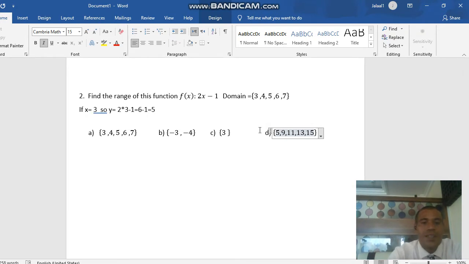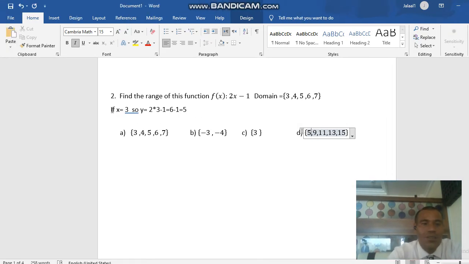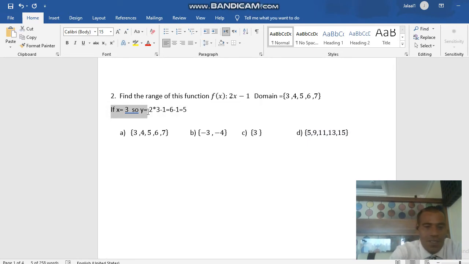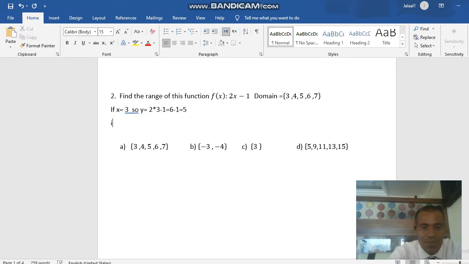Then if x is equal to 4, the y value should be equal to 2 times 4 minus 1, which is equal to 7. So I will write here 7.